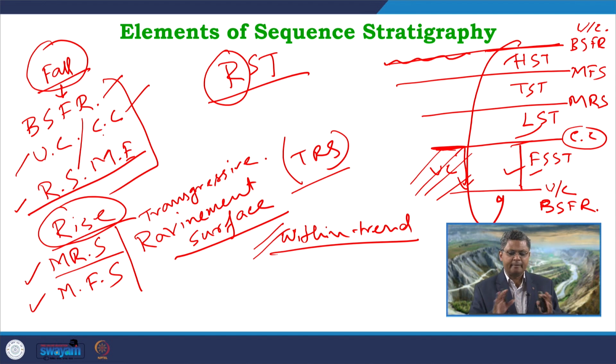These are the basic elements of sequence stratigraphy, where you deal with different types of systems tracts bounded by different surfaces. There are 7 major surfaces and 3 minor surfaces, and in later classes we will discuss in detail each of these surfaces and systems tracts.